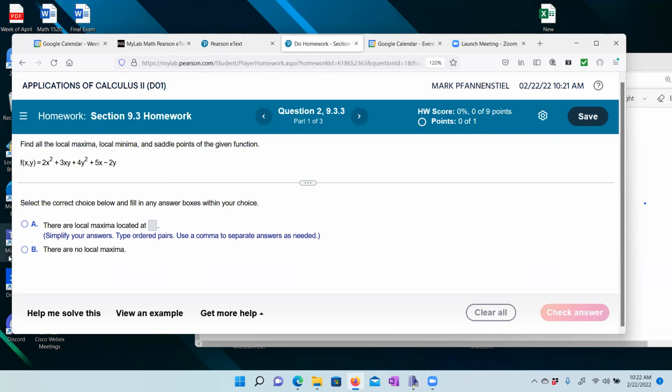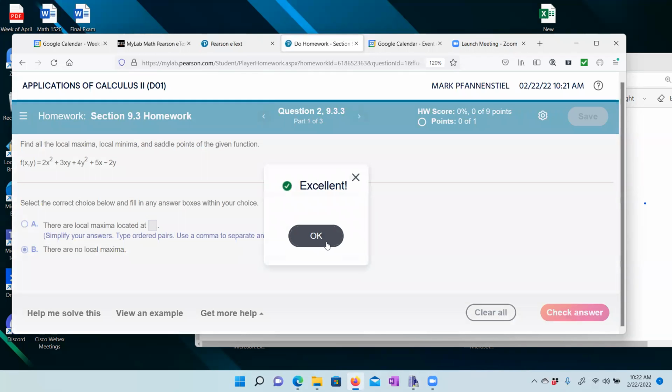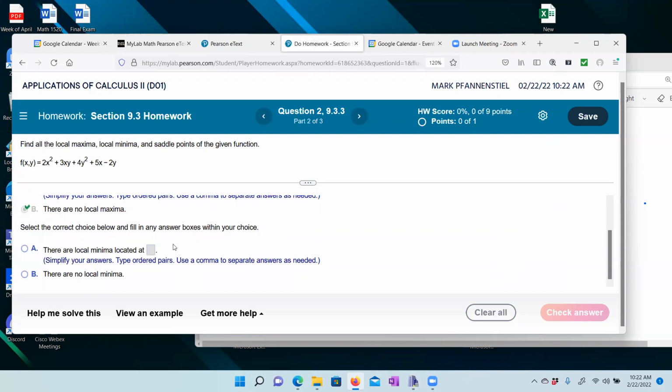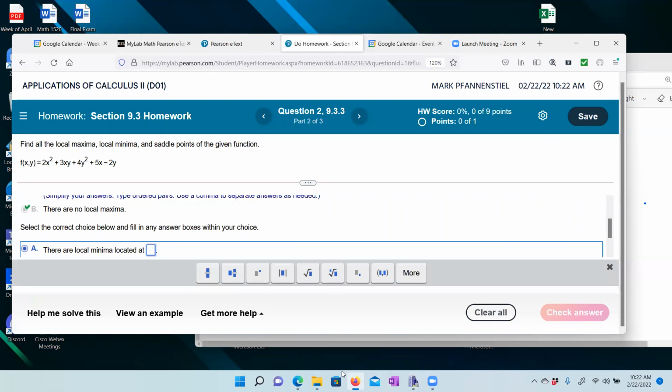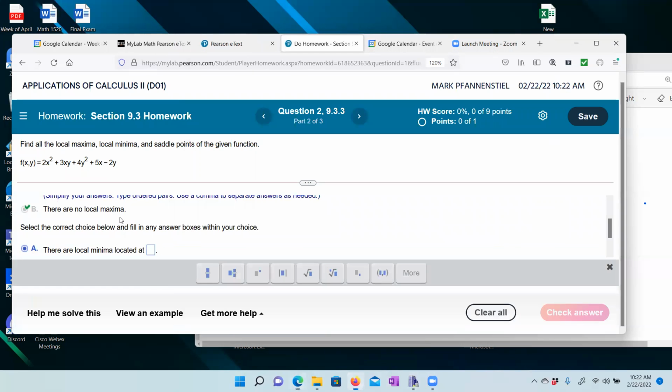I think I like a minimum, but it's going to tell me I'm wrong. Oh, no, it isn't. All right. Well, good. Have the courage of your convictions. There is a local minima located at, what did we say? -2, 1.